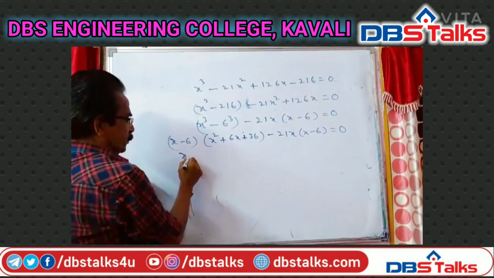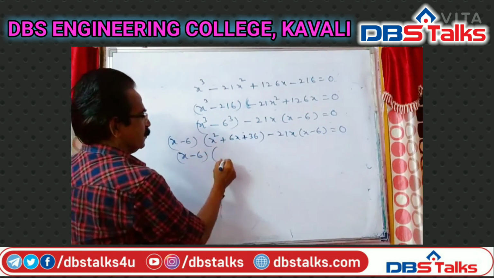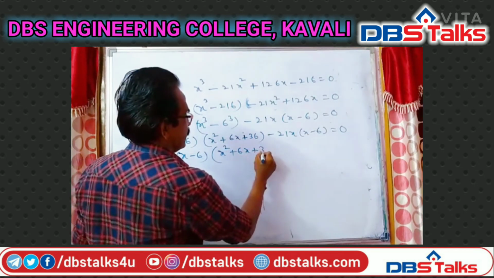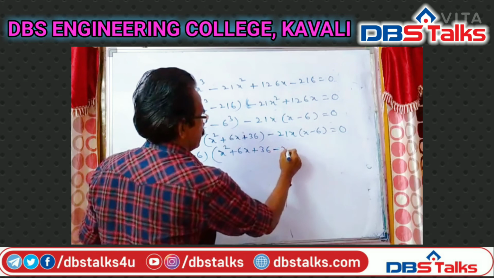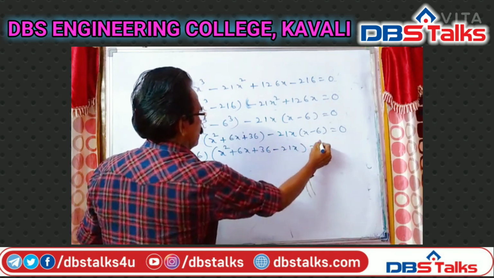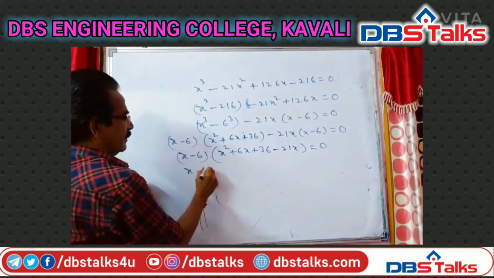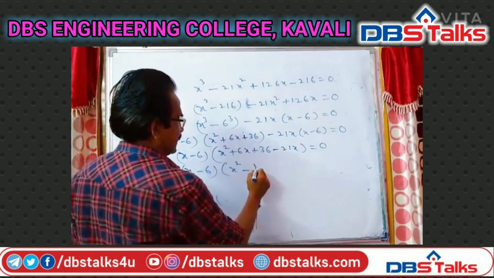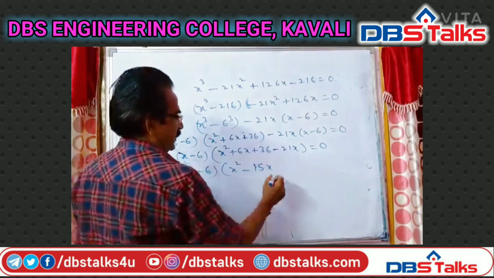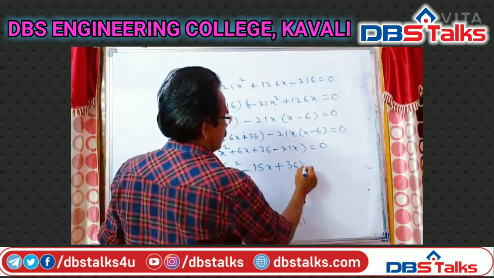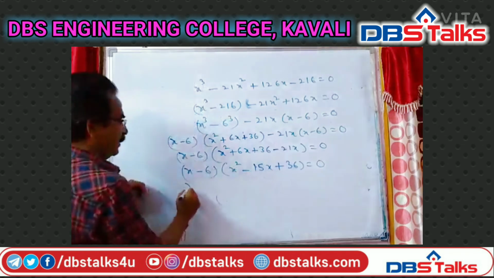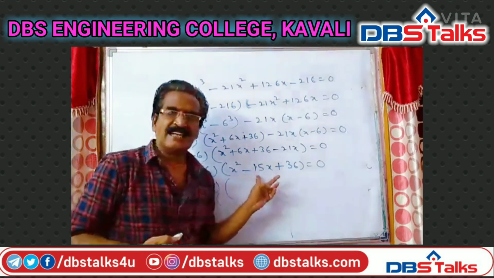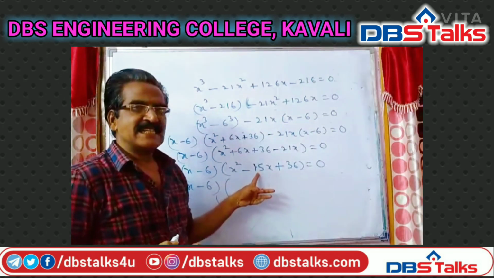x minus 6 into x square plus 6x plus 36 minus 21x is equal to 0. It implies x minus 6 into x square minus 15x plus 36 is equal to 0. x minus 6 into, so roots of this equation, 12 threes are 36.